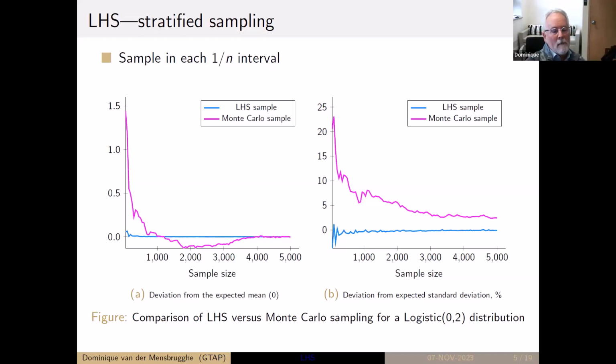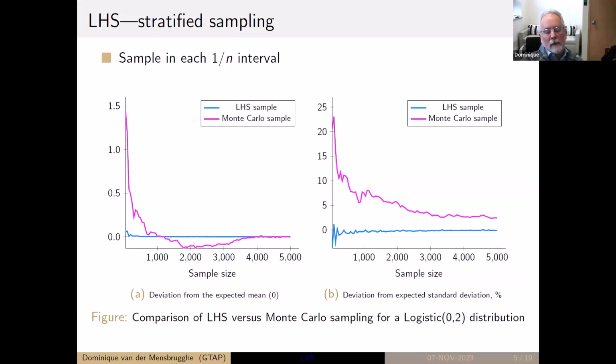But you can see that with the LHS sampling, you very quickly converge towards the expected mean of the distribution. Even with Monte Carlo sampling, you still have deviations, even when you're sampling 3,000 observations. It does settle down when you get to 4,000 and 5,000 and beyond.